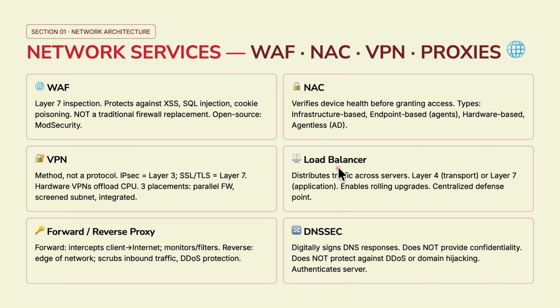Next, we have the load balancer. The load balancer distributes traffic at layer 4, the transport layer, or layer 7, the application layer. Beyond performance, they enable rolling upgrades and provide a centralized defense point for DDoS attacks.